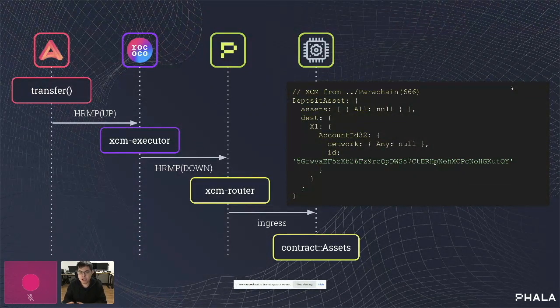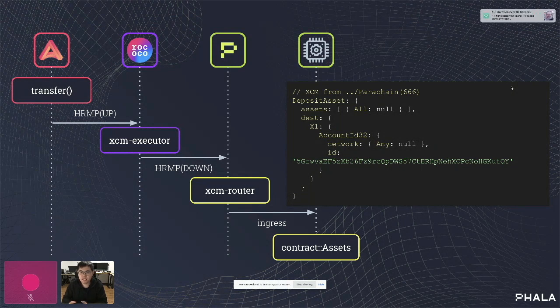And the actual endpoint is contract assets, and this is not the assets pallet on the Substrate side. This is the confidential version inside the TEE enclave. What we received is a message called deposit asset, and the XCM comes from parachain 666, which is Acala.